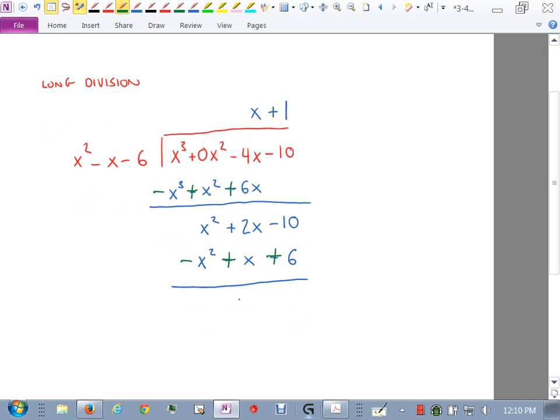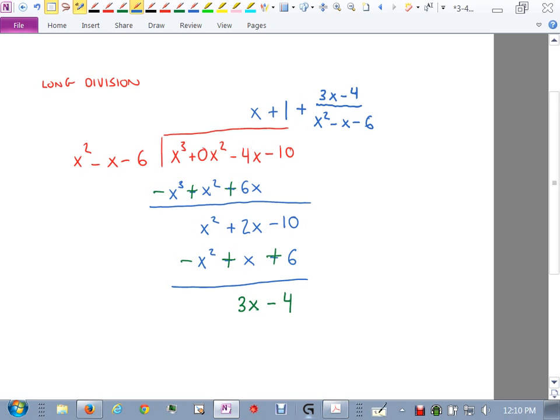And when I add down, I get 3x minus 4. Agree? Okay. That's my remainder. I stopped there because the power of the remainder is lower than the power of what I'm dividing by. So I put up here plus 3x minus 4 over x squared minus x minus 6.